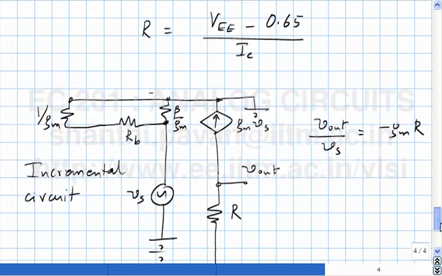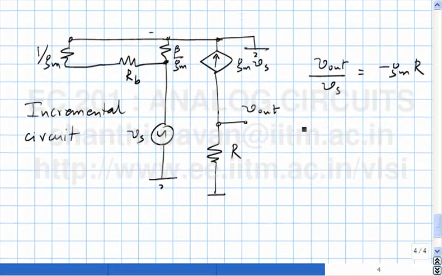And what is gm? IC by VT. Try and just simply think about what is the maximum gain we can get out of this amplifier at all. If you want to keep I fixed, but we want to increase gain, the only thing to do is to go on increasing R. If I went on increasing R, eventually the transistor will go into the saturation region.